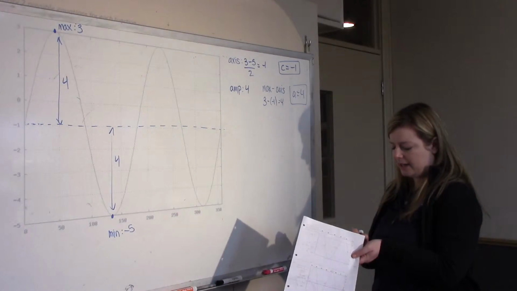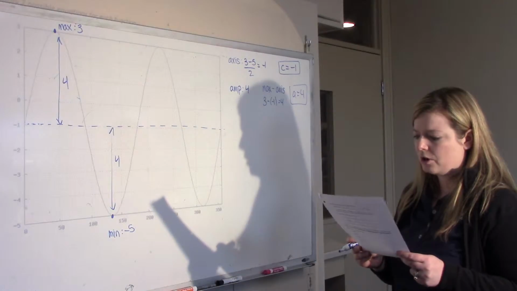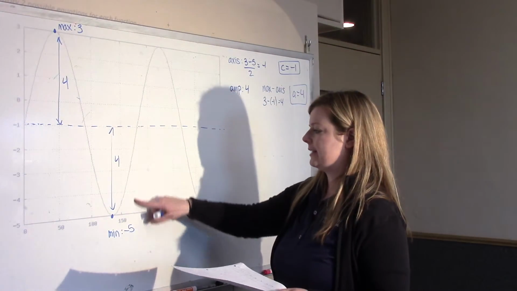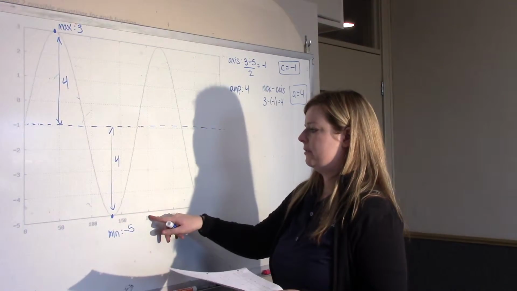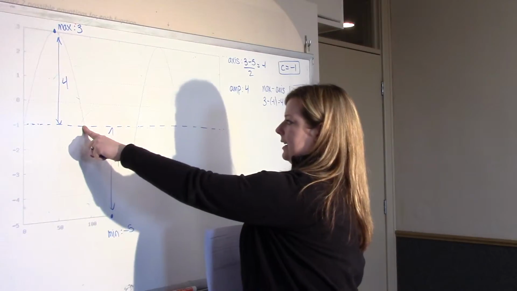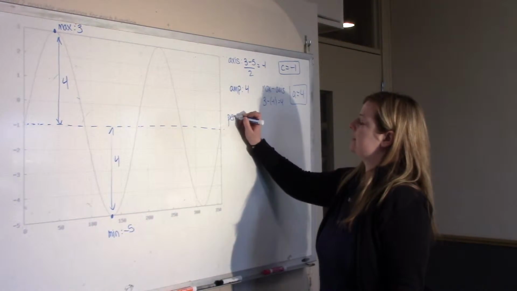So next we need to find out the K value, which is determined by our period. So the period, it starts here and it ends here, and that's 180 degrees, okay? If you can't tell, this axis point is at 90, this is at 180. So the period is 180 degrees.